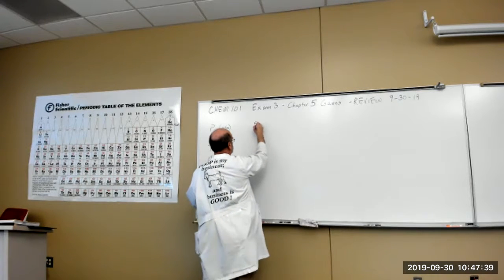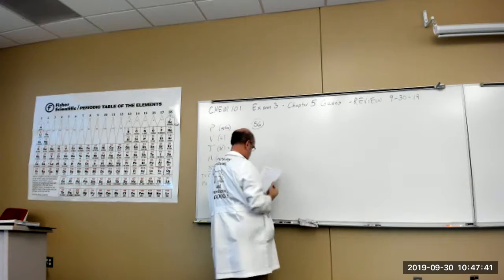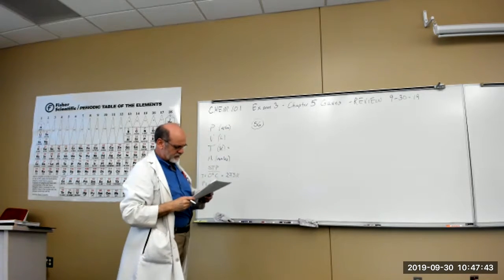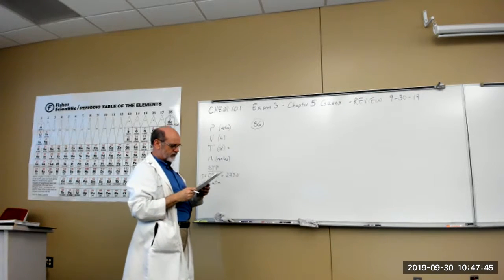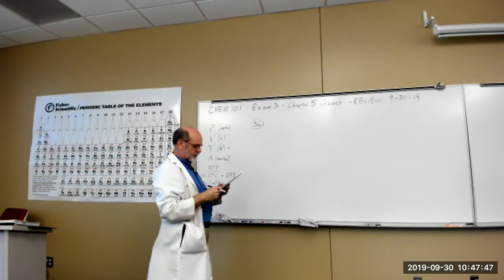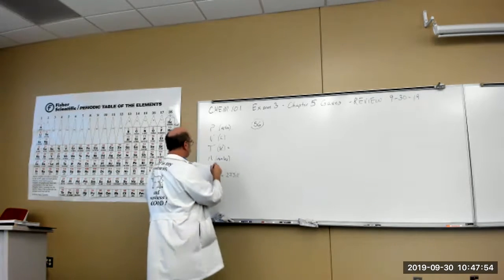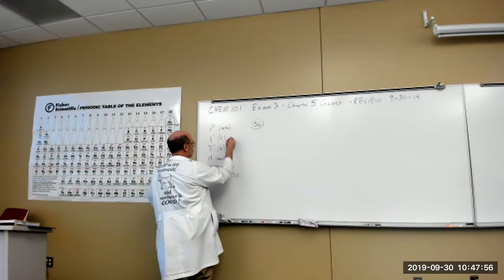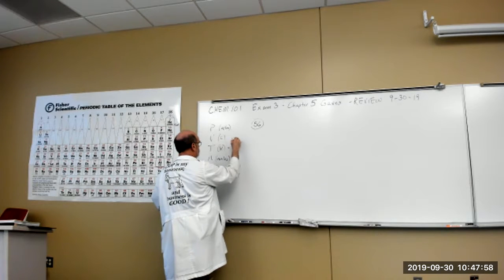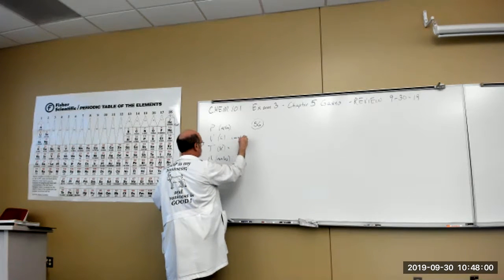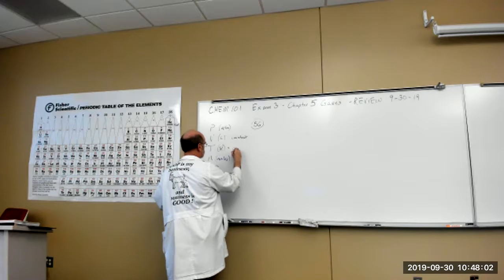So this is one of those logic problems. Which of the following is the best qualitative graph of pressure versus molar mass of a 1 gram sample of different gases at constant volume and temperature? So volume is constant for this problem. Temperature is constant.